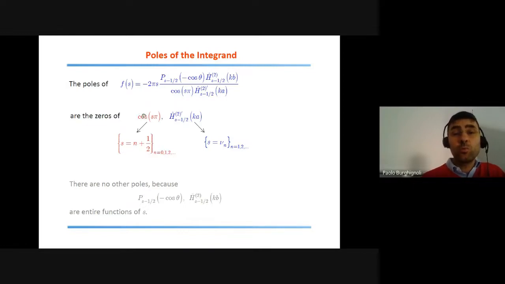But in addition to those poles, and those are an infinite number of poles, there is also another infinite number of poles. They come from the other term, the blue term here in the denominator, that is from the derivative of the Hankel function having order s minus 1/2. We will indicate this second family of poles with the symbol ν sub n. And there are no other poles because all the other functions occurring in the expression for f of s are entire functions of the complex variable s.